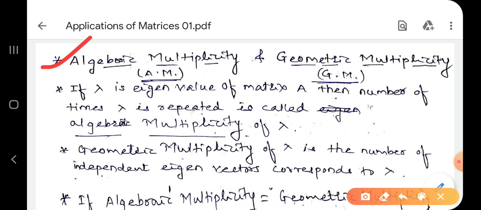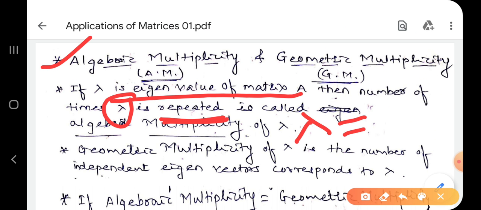First we define algebraic multiplicity. If lambda is an eigenvalue of matrix A, then the number of times lambda is repeated is called the algebraic multiplicity of lambda. That means if lambda equals 2, 2, 2, how many times is it repeated? 3 times.